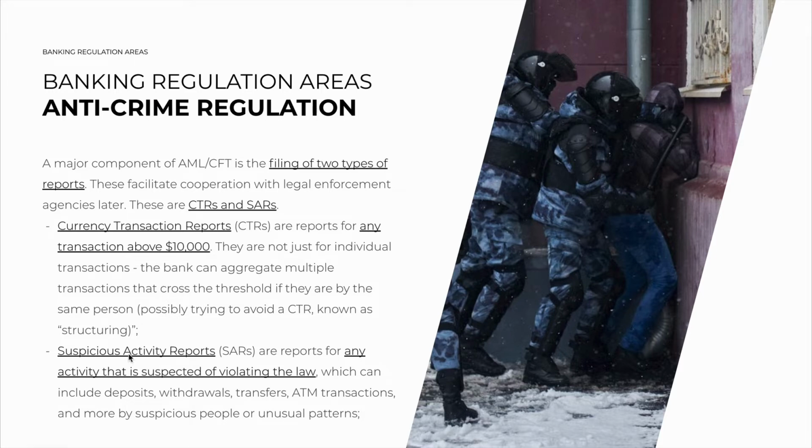The second type are suspicious activity reports, or SARs. These are reports for any activity that is suspected of violating the law. They can include deposits, withdrawals, transfers, ATM transactions, and any other action by a suspicious person or with an unusual pattern.